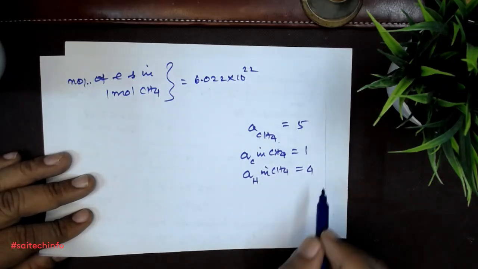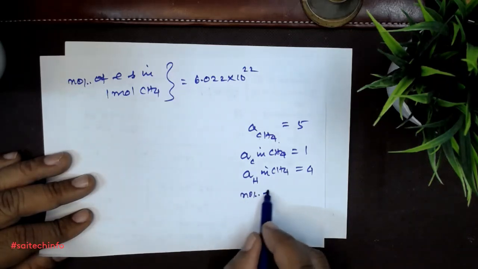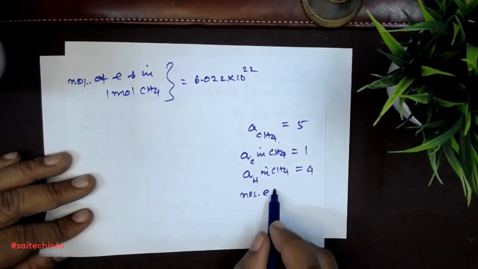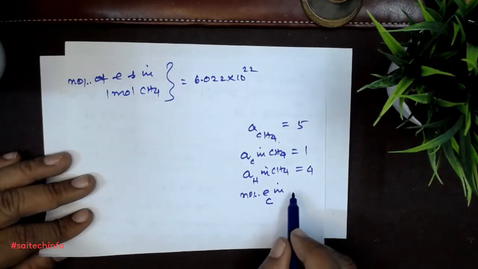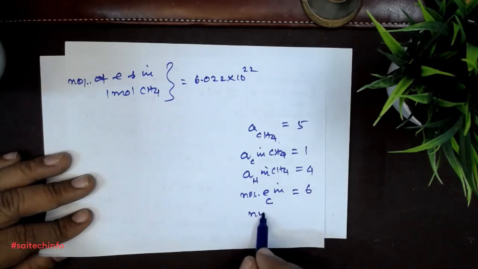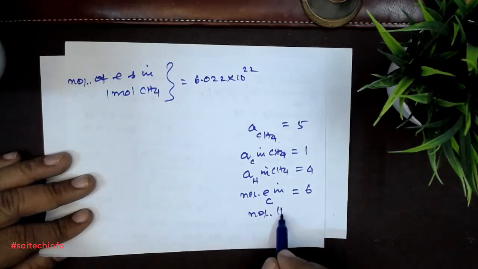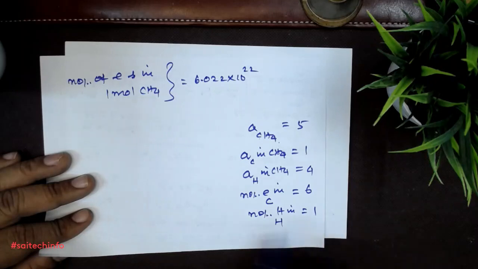It is 4. Now number of electrons in C, how much? That is atomic number 6. Number of electrons in one hydrogen atom is nothing but the atomic number 1.